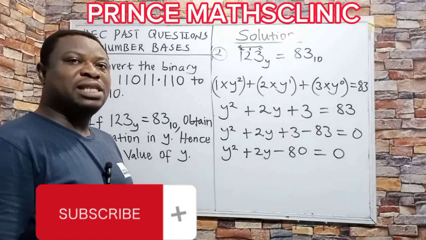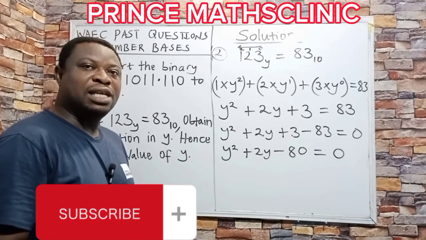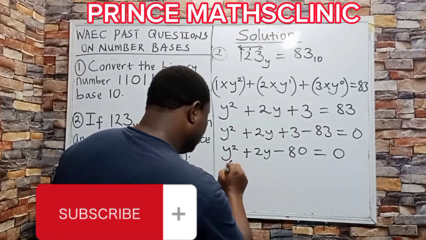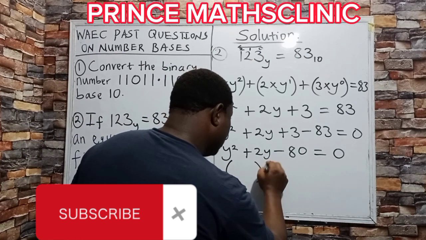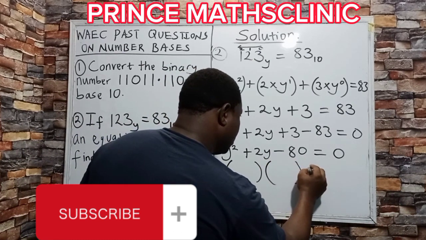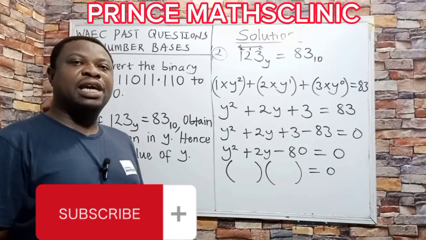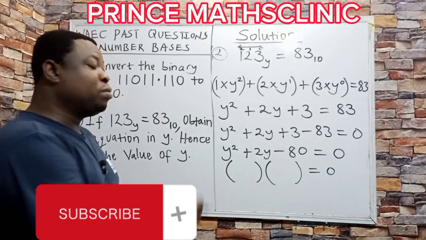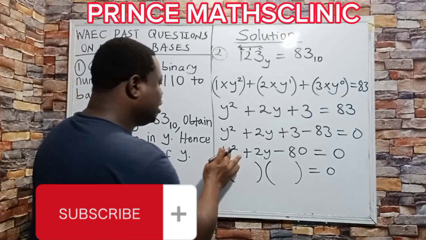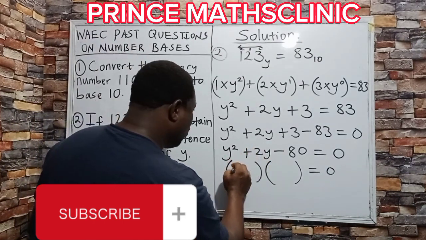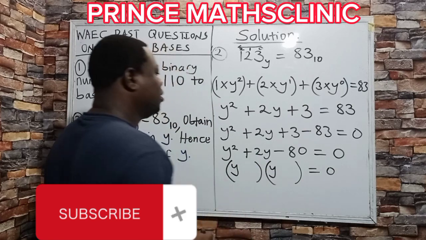And remember the pattern we have done time and again on this channel. We open two brackets. Then the variable here is y, so you put a y here, you put a y here.